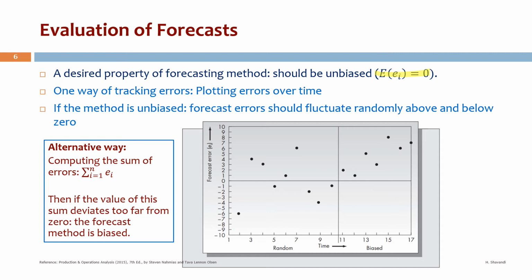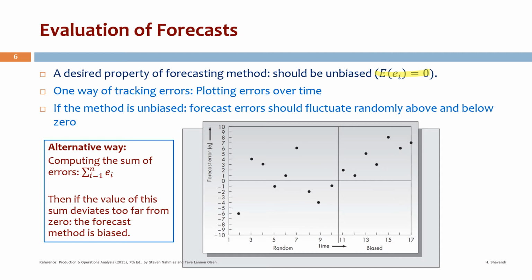If there is no pattern in the errors and they are fluctuating above and below 0, and it looks random, then we can conclude that the forecasting method is not biased. It's unbiased.